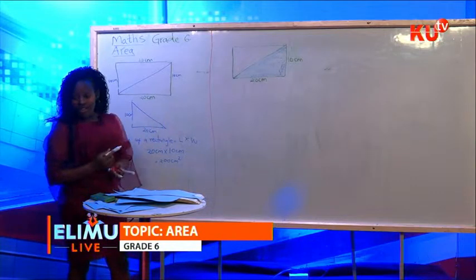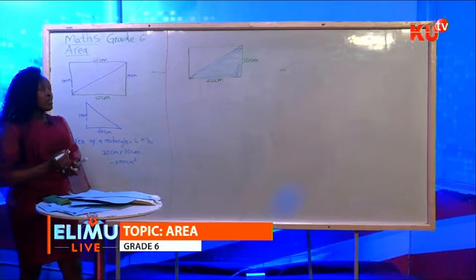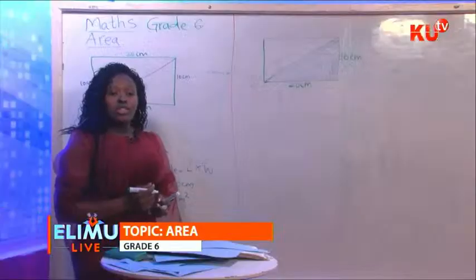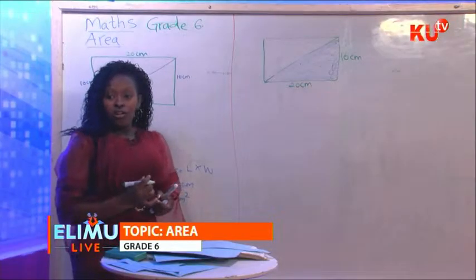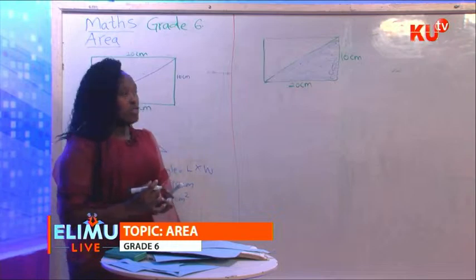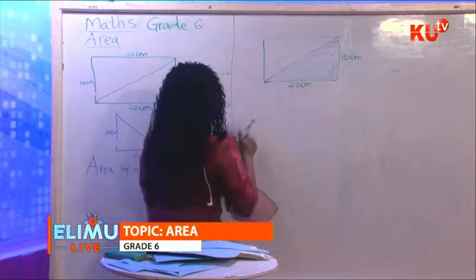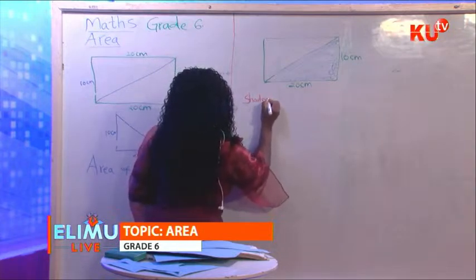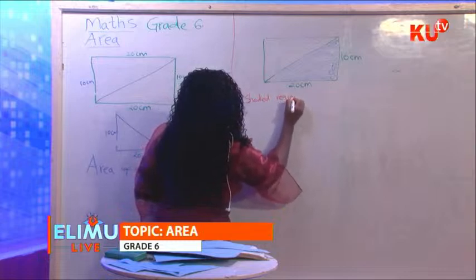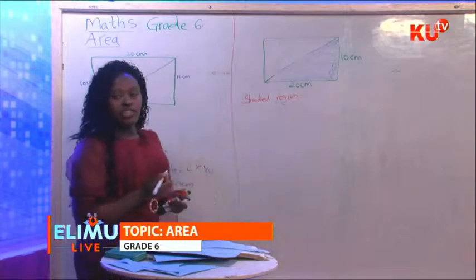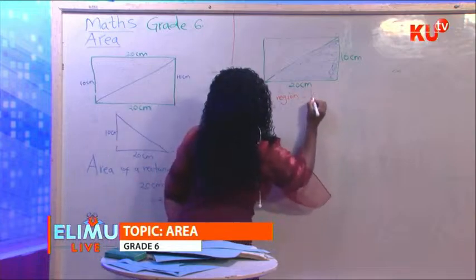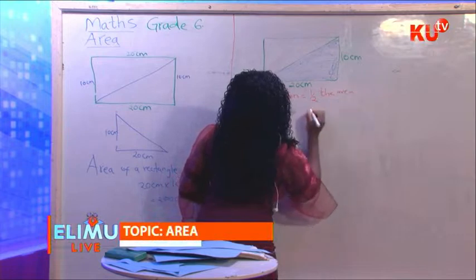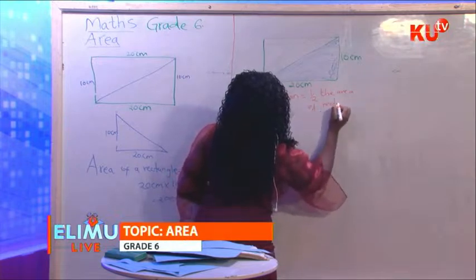We are told to find the area of the shaded region. We have already known that a rectangle is made of two triangles. So to find the area of the shaded region, we are going to take a half the area of the rectangle. Are you together? So shaded region is equal to a half the area of rectangle.